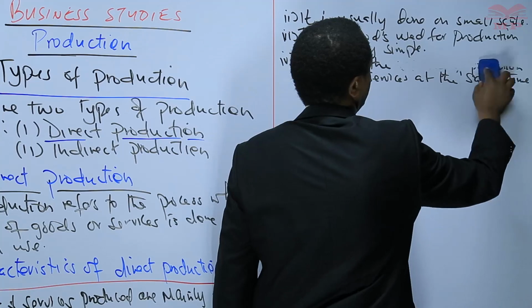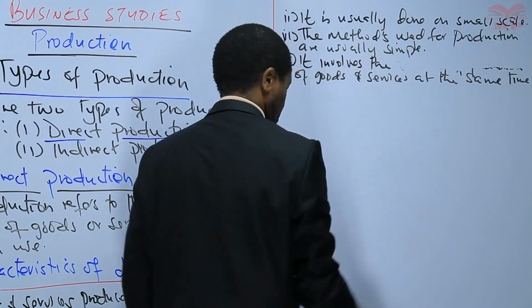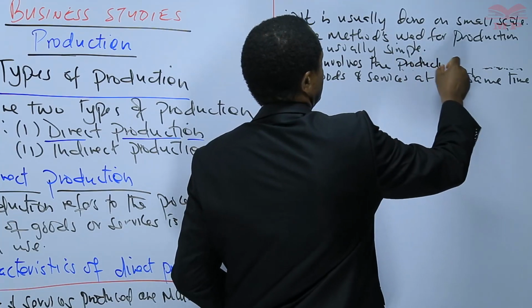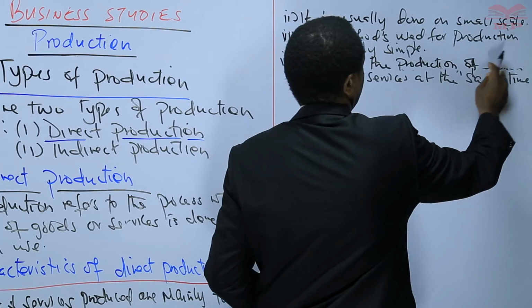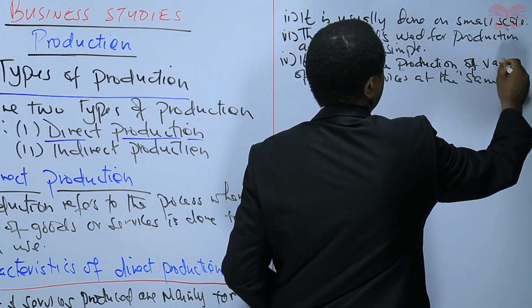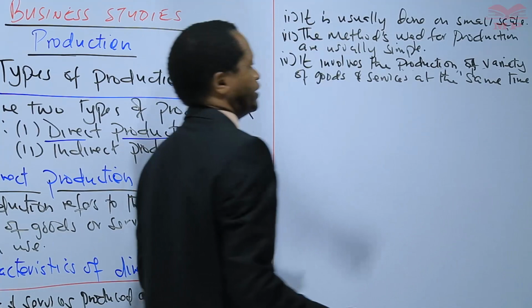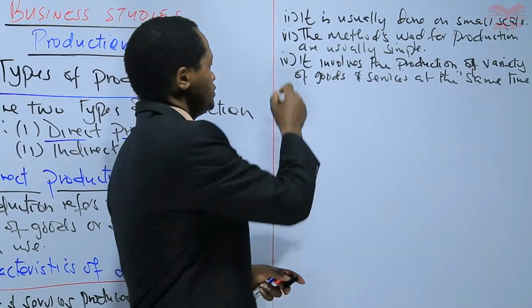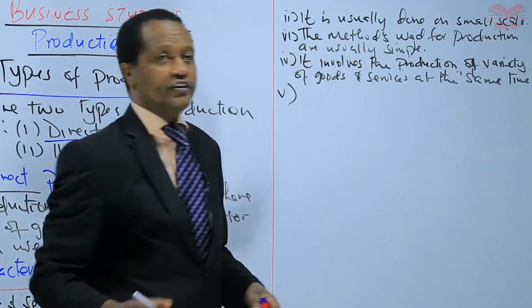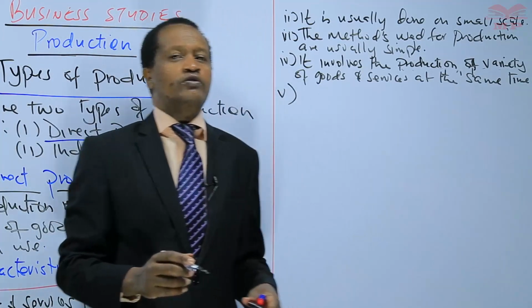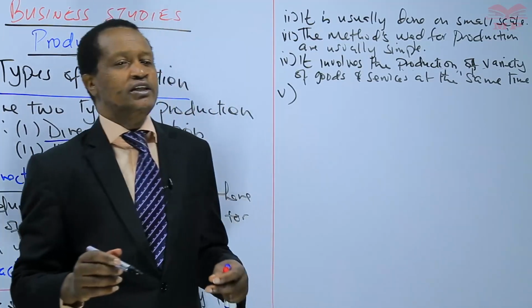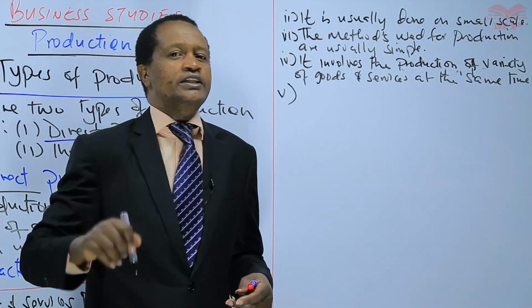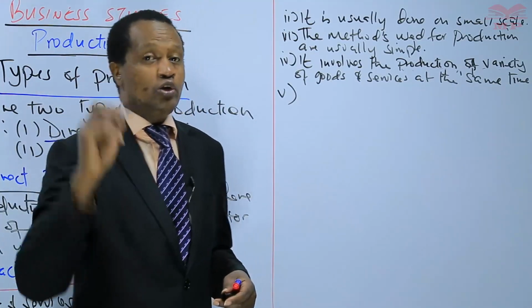Number 5, the fifth characteristic of direct production is that the quantities produced are relatively low.